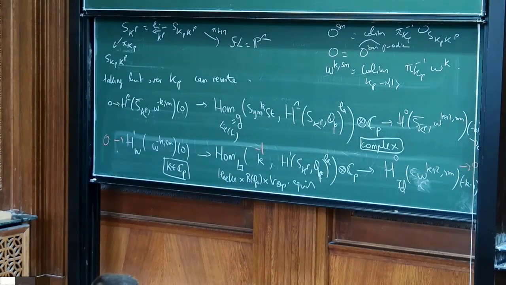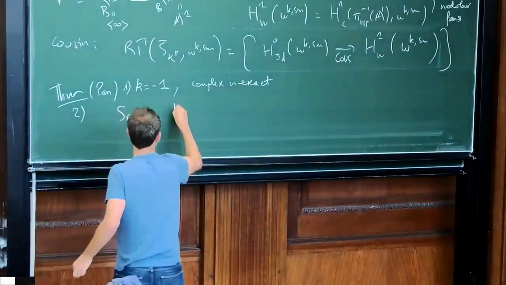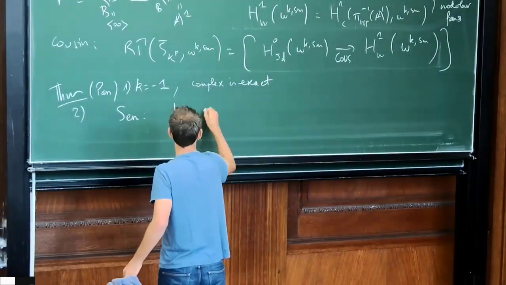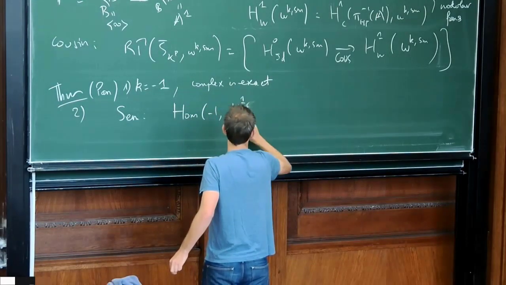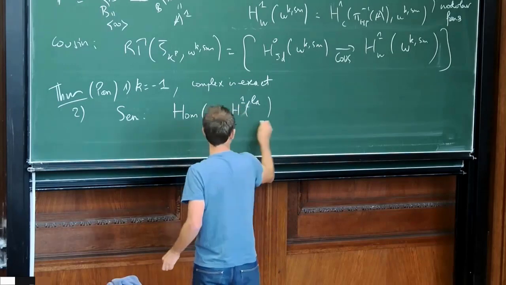And so the Sen operator, which is a map, let me abbreviate a bit.